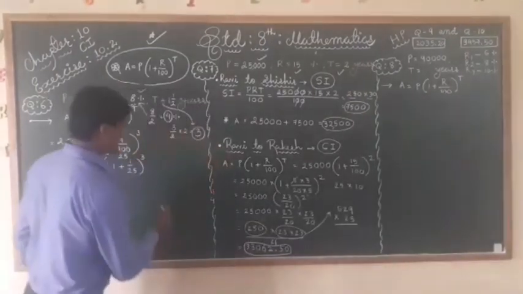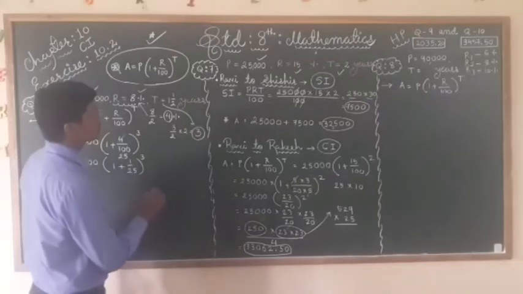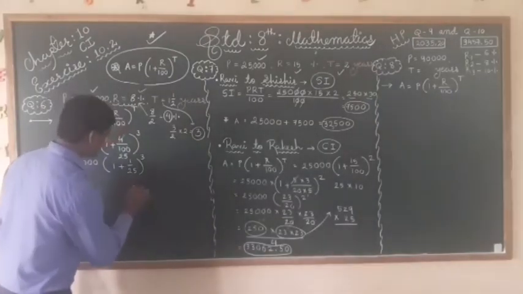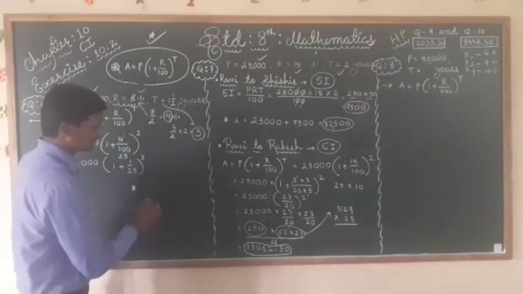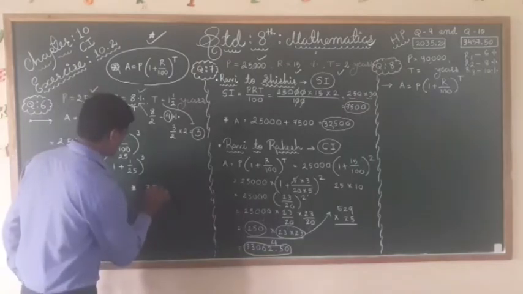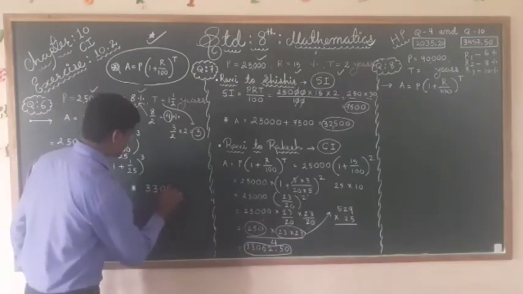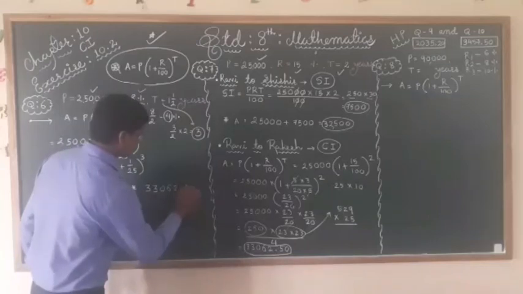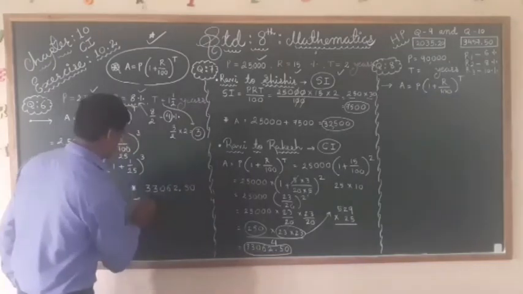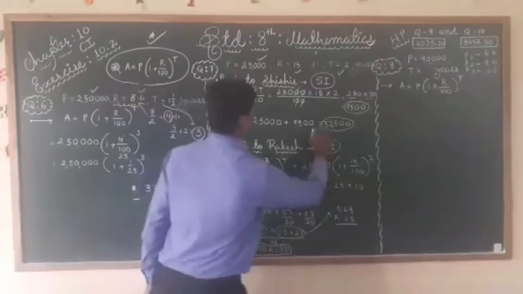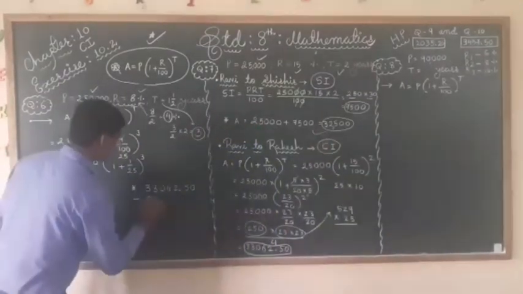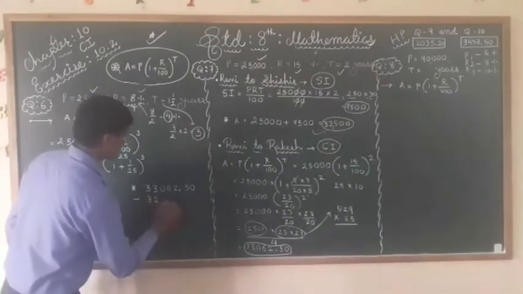So we will get the transaction, the amount to be paid, that is 33,062.50. Minus this amount will be subtracted, 32,500.